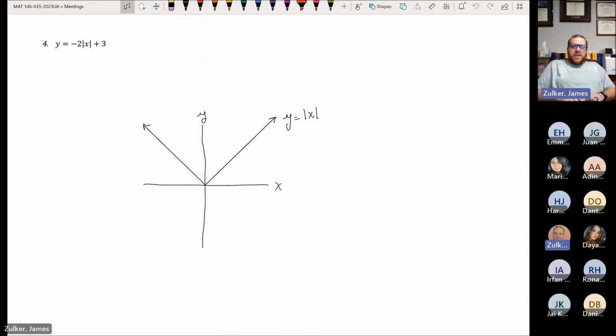Right? -2 times the absolute value of x plus 3. Well, we got a lot going on here. So technically speaking, the translation up 3 is going to be the last thing that happens.